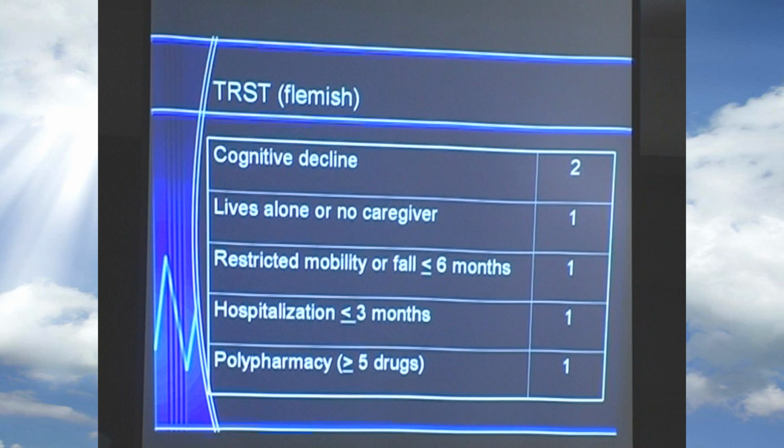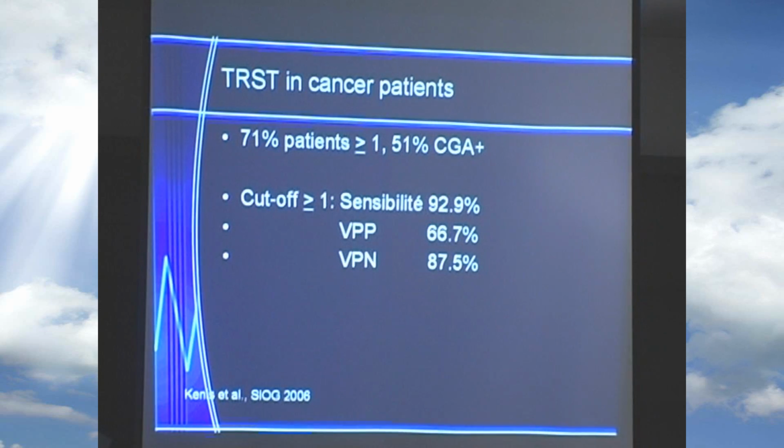It was a set of 6 questions. And so they took that Flemish version, because it's a Belgian group that did it. And they found that 71% of the patients had scored positive on at least one item. And 51% of the patients had a positive finding on a comprehensive geriatric assessment.